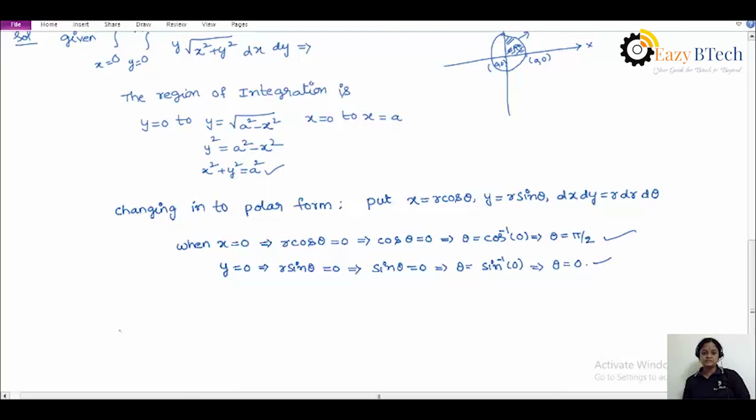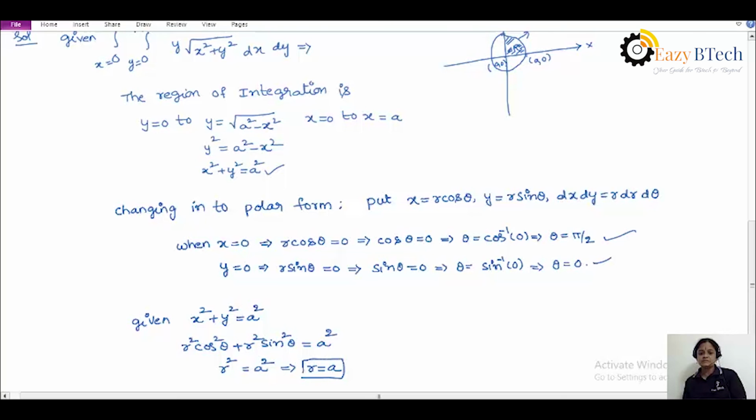Okay, theta limits. Then to find the r limits, it was given that x square plus y square is equal to a square. Then x is r cos theta, x square is r square cos square theta, and y square is r square sin square theta, equal to a square. Making r square common, cos square theta plus sin square theta is 1, so r is equal to a.